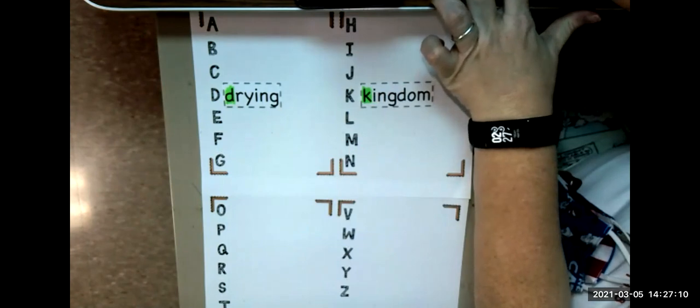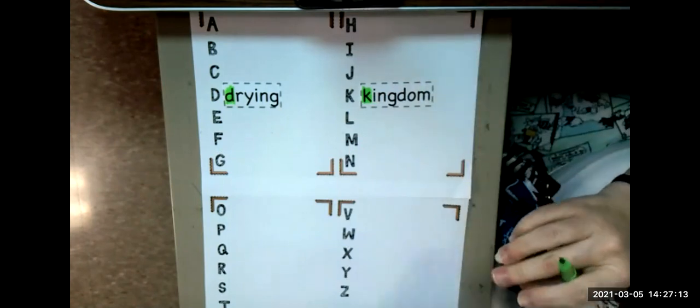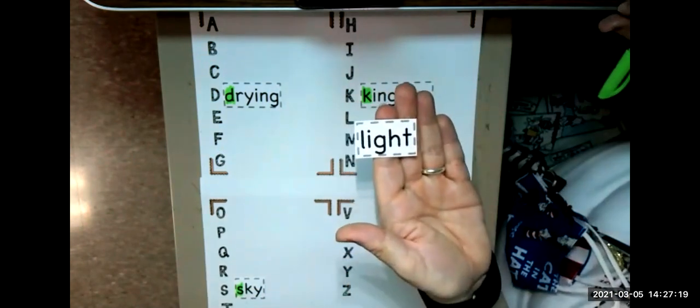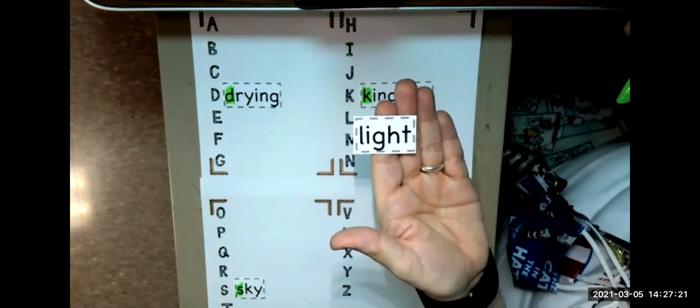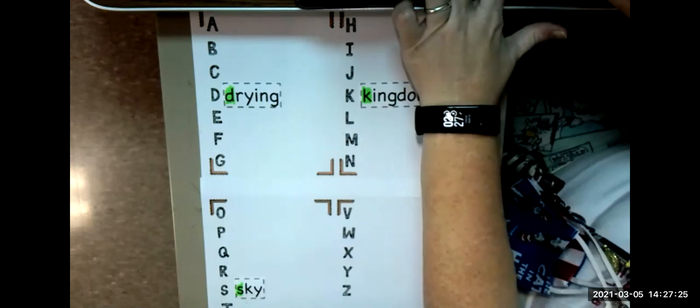All right, and now I have the word sky. What's my first letter? S. Okay, so I'm going to put it with the S's. Our next word, light. What's the first letter of the word light? It's the L. Where should we put it in ABC order?